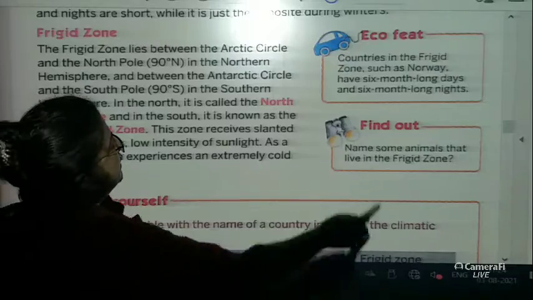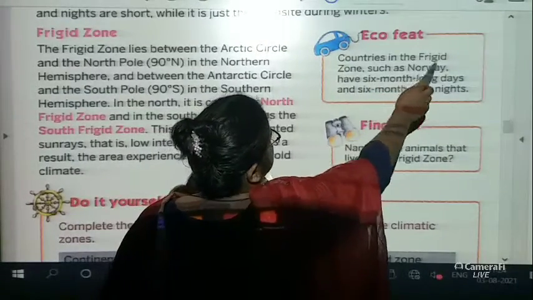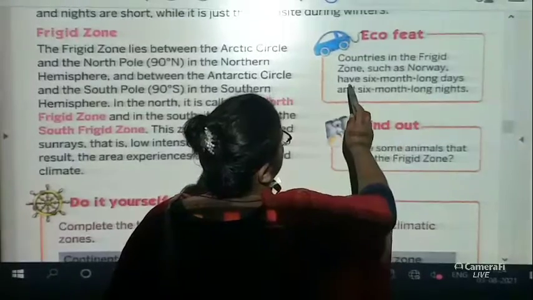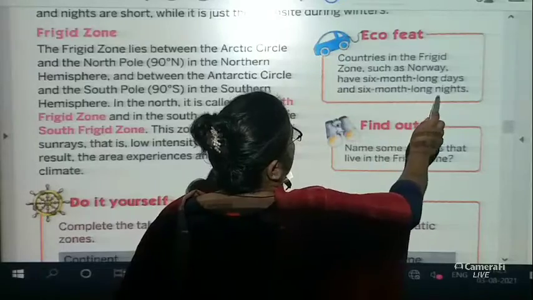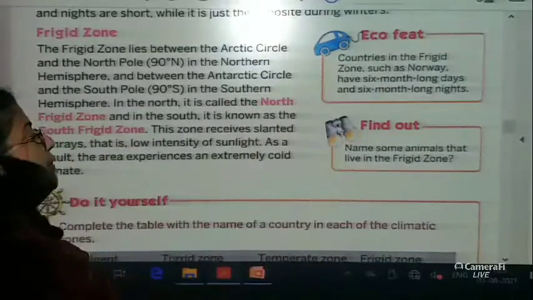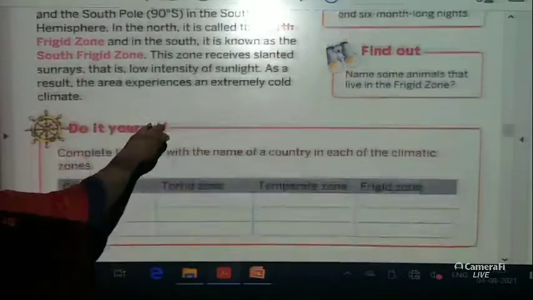Now let us read this eco-fact. Countries in the frigid zone such as Norway have 6 months long days and 6 months long nights. Children, that means for half the year they have days and for half the year they have nights. Okay children, so we have come to the end of this chapter.